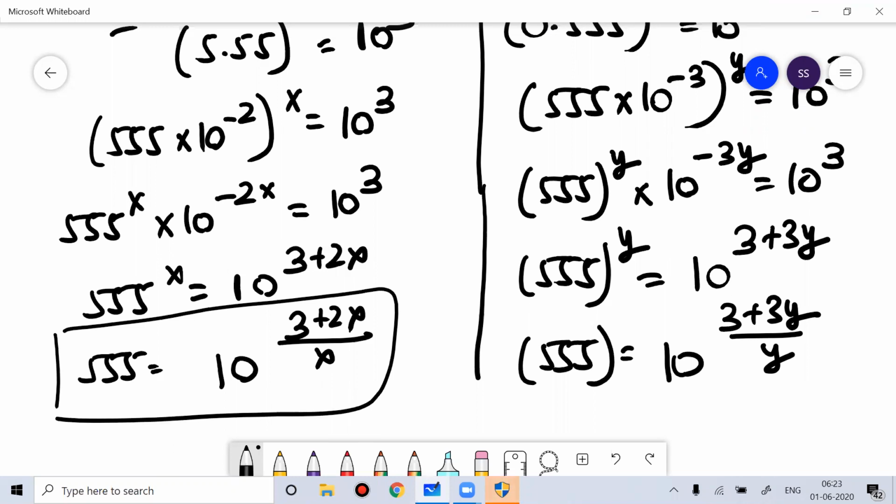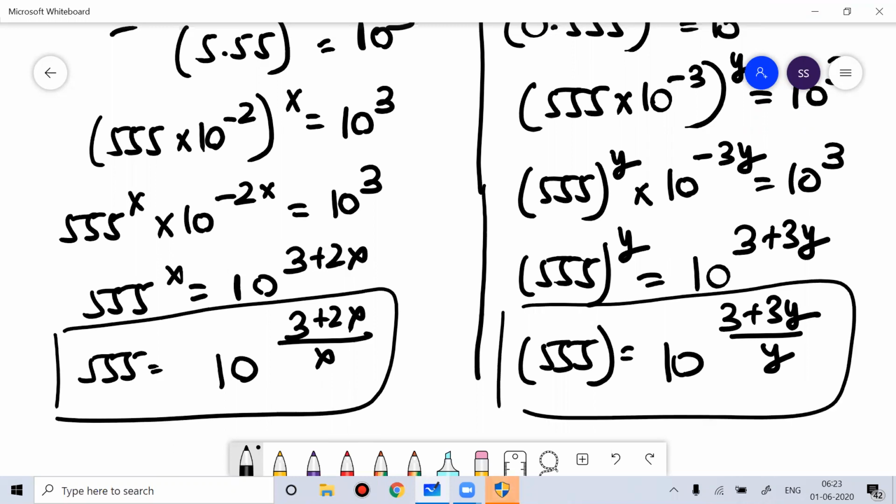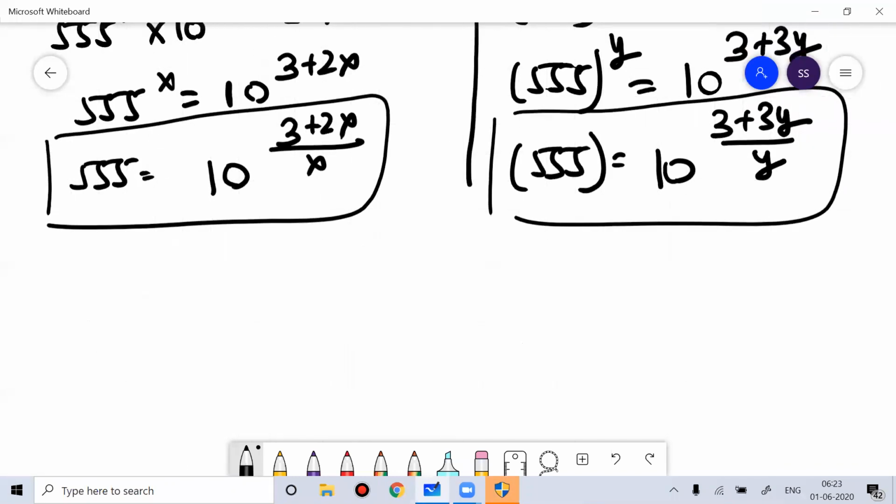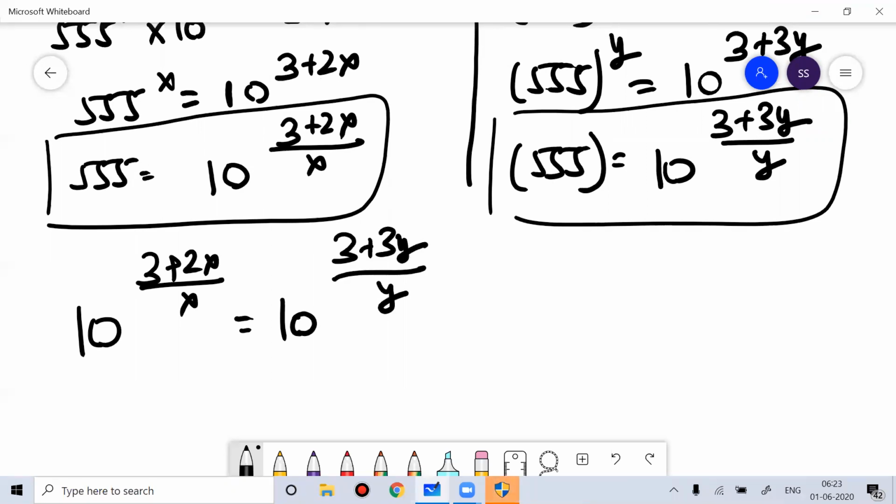Ultimately, you got this relation. So you can see both the equations I have equated in terms of 555. So if I equate them, I can say 10 to the power 3 plus 2x by x is equal to 10 to the power 3 plus 3y by y.